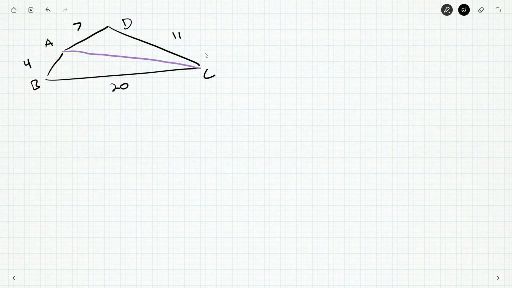Okay, but I'm not given a whole lot else, and I don't know anything about angles in here, things like that. I suppose since A, D, and C forms a triangle, and A, B, and C forms a triangle, we might be able to start approaching some angles or something like that. But as soon as we make that triangle connection, suddenly we remember the triangle inequality.